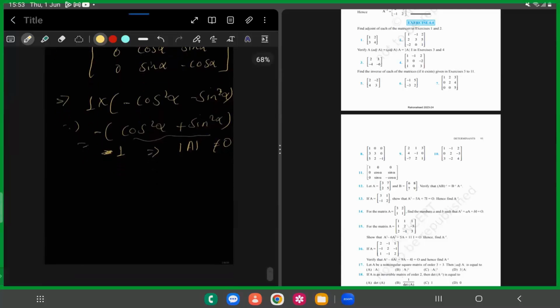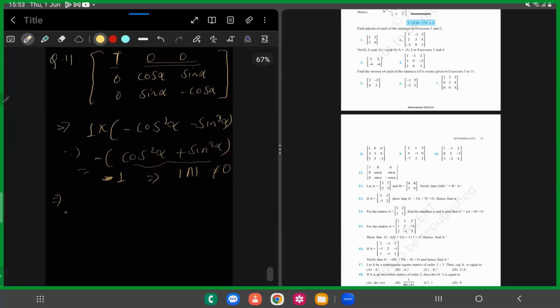Quickly let's find our cofactor matrix. For this term this would be minus 1, and for this term this will simply be equal to 0. For this term also 0, and for this term again 0.